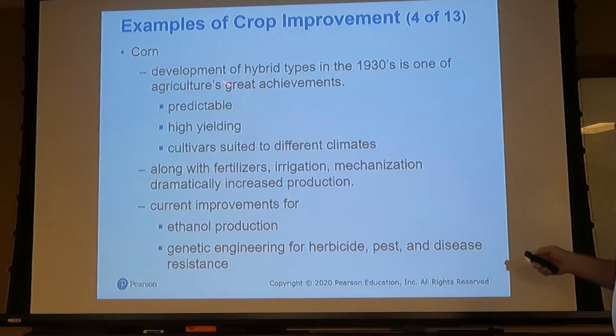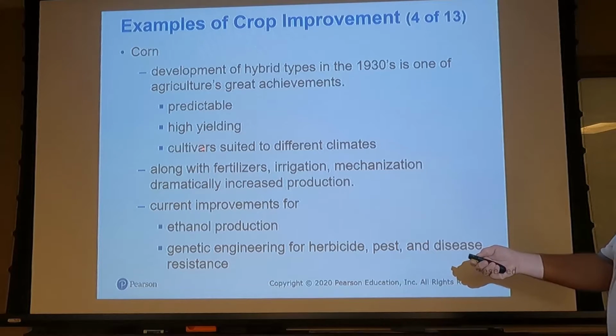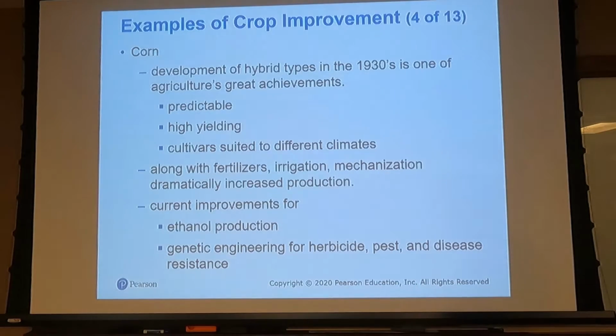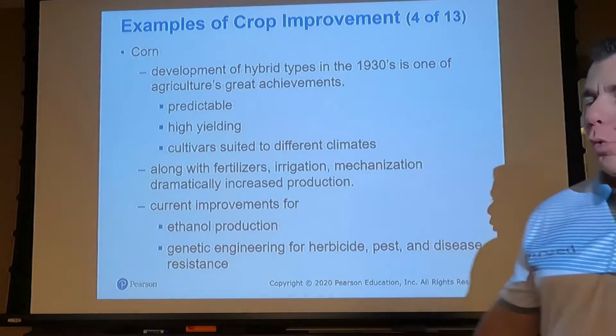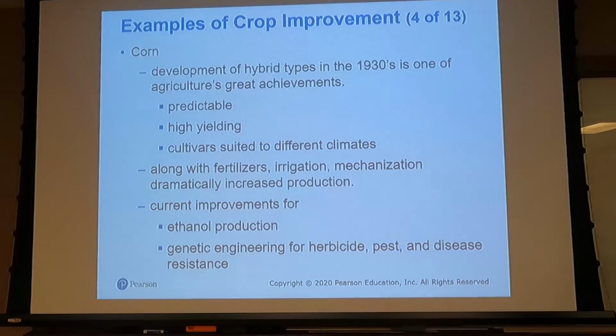In the 1930s, we started developing these hybrid types that are more predictable and suited to different climates, because we started to increase our corn production across the country. We're also working on greater fertilizer use efficiency, drought stress, and some of these other mechanized processes.